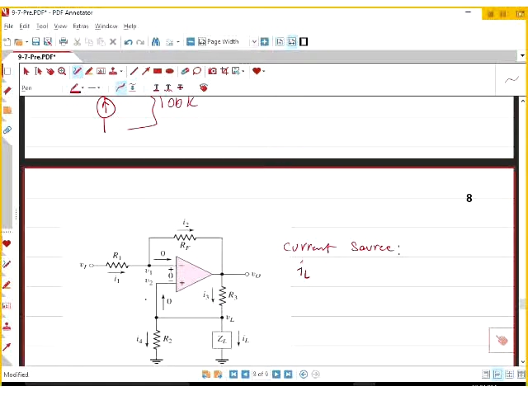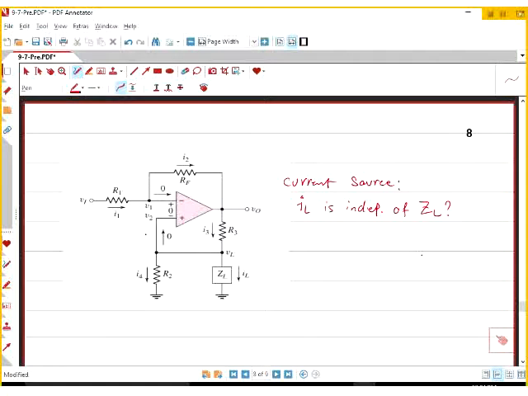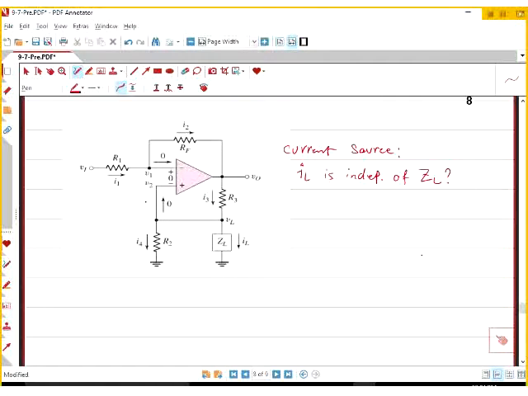And we're going to prove that under the specific condition, IL is independent of ZL. It doesn't matter what load you put there. The IL is only a function of VI. Okay, let's prove this and call it a day.